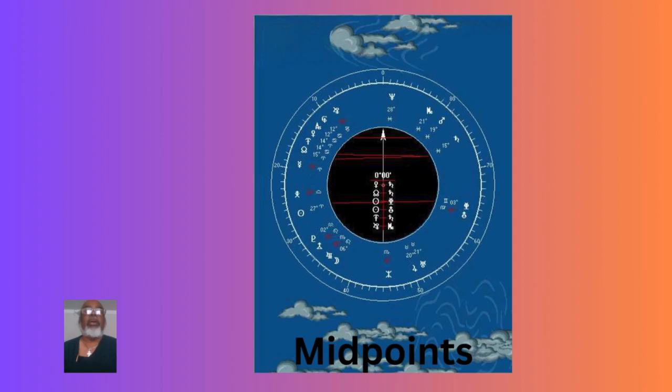The midpoint between the 5 and 15 would be 10 degrees. This is called a pair of two planets, with the midpoint at equal distance between them.